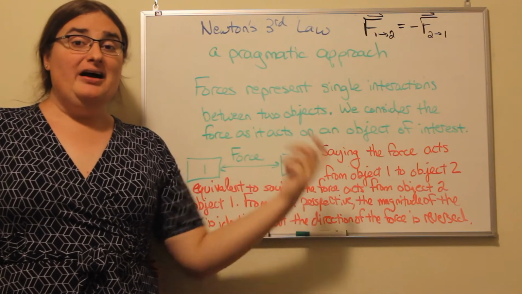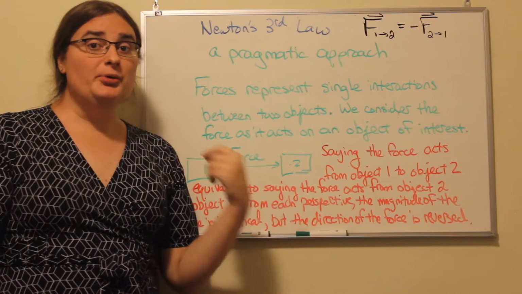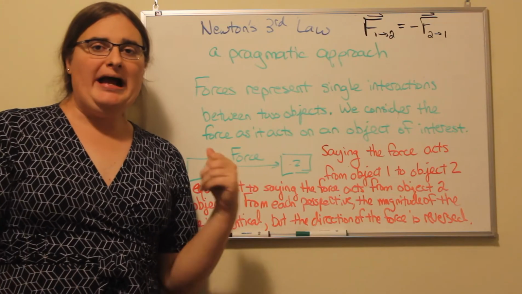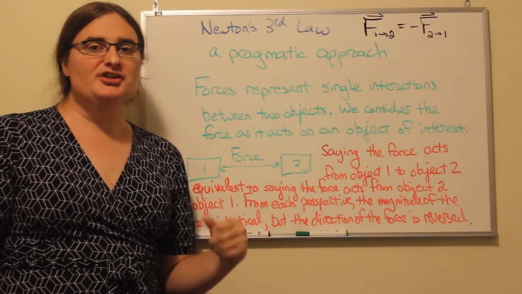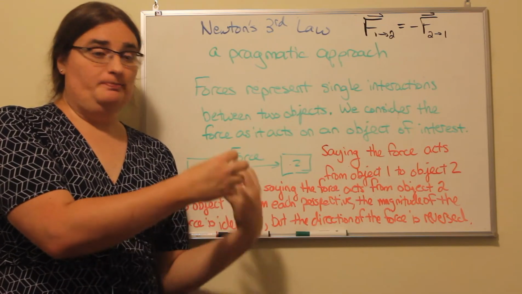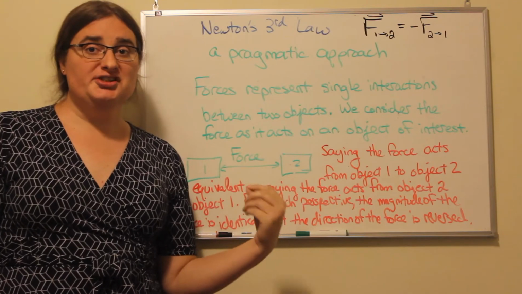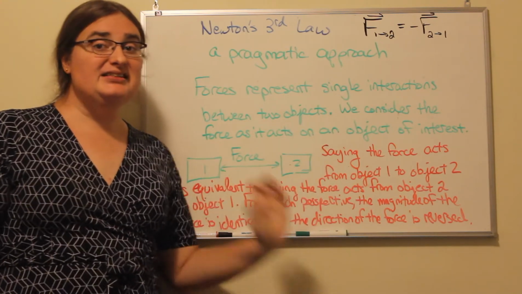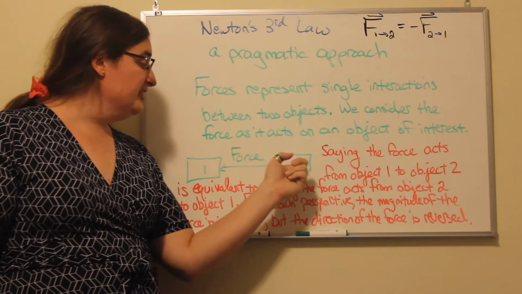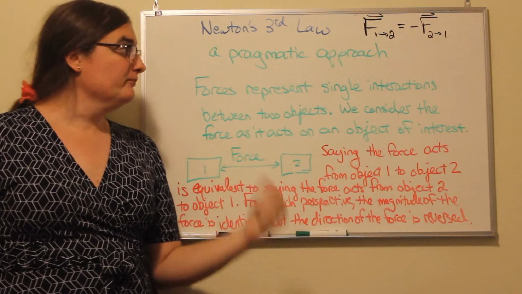Now, the other case where Newton's third law really comes into play in a pragmatic approach is what happens when that force represents an internal action or an internal force. So internal forces, if they're pieces inside an object as a whole, necessarily we would have to consider both perspectives at the exact same time.